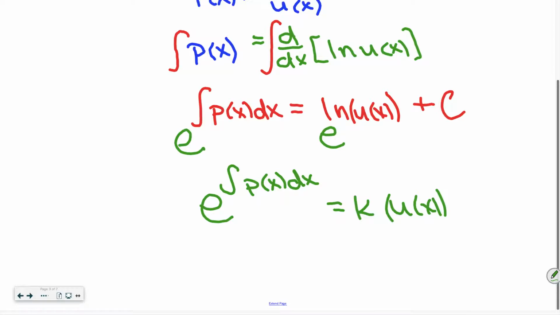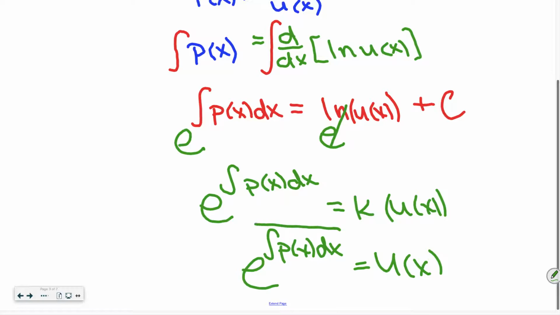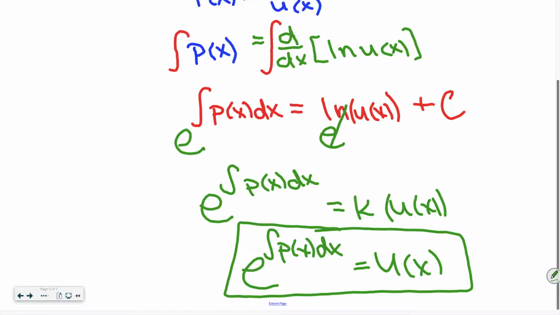So this cancels out, but we still have times e to the c, and so technically we have a constant over there. But we actually don't have to worry about what that constant is, because when we plug it into our equation, it's going to cancel out. So we don't have to worry about the constant in this case because it will kind of undo itself, essentially. This is our integrating factor.